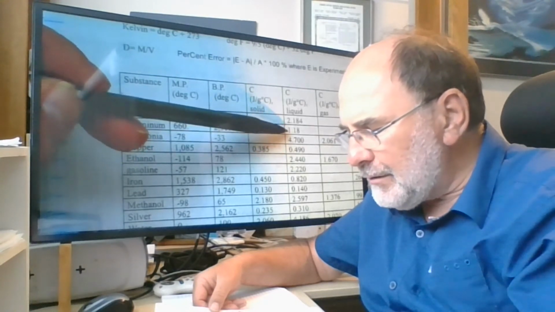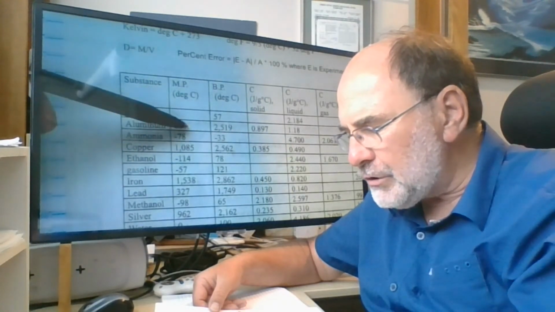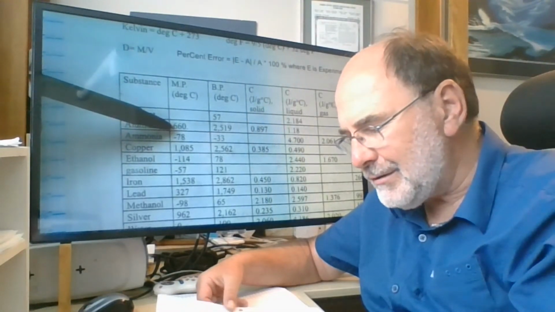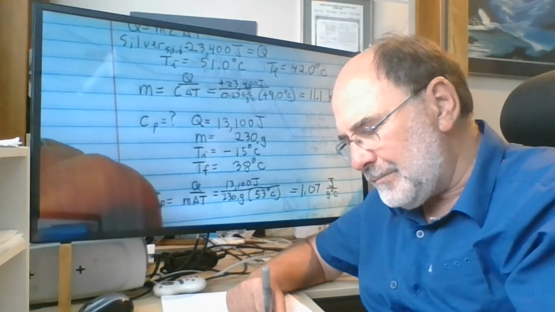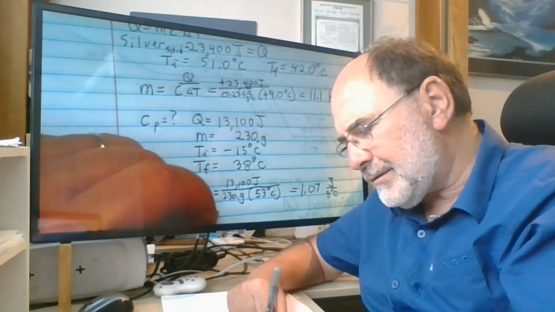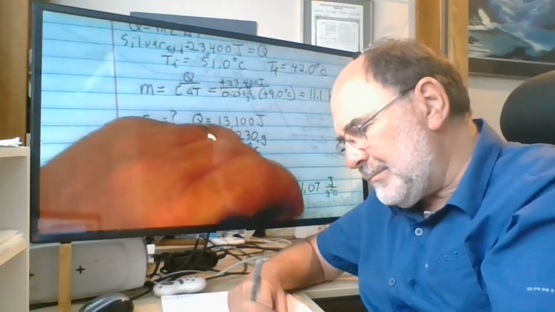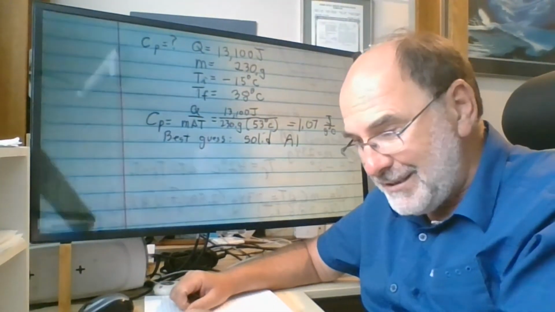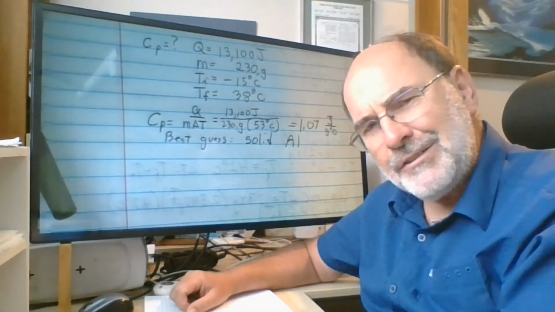Okay, so aluminum, which has a melting point of 660 degrees Celsius, is clearly in the solid state. So best guess: solid aluminum.